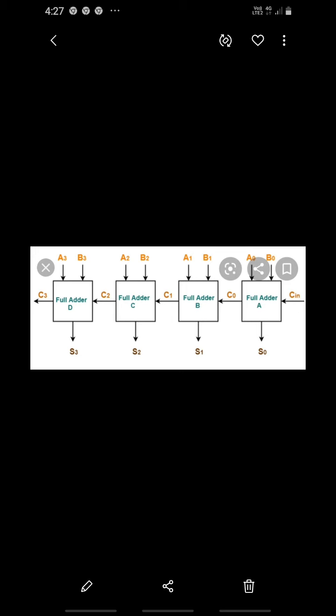When these two bits are added, it gives the sum S1 and carry C1.